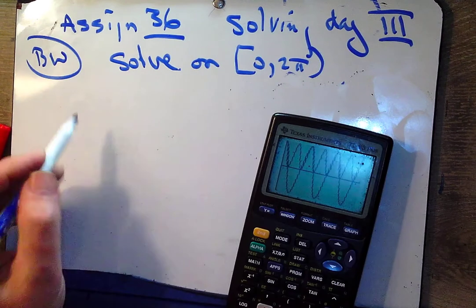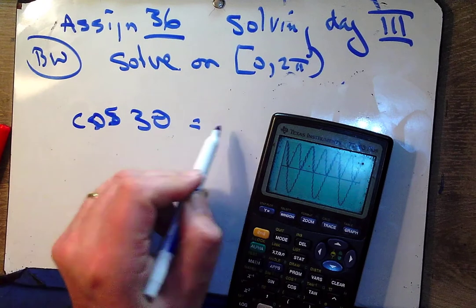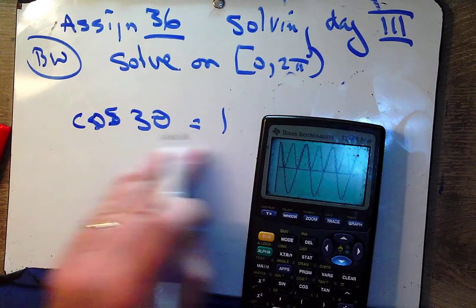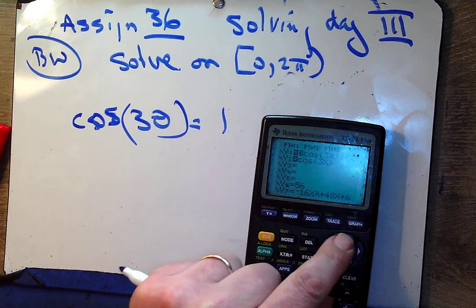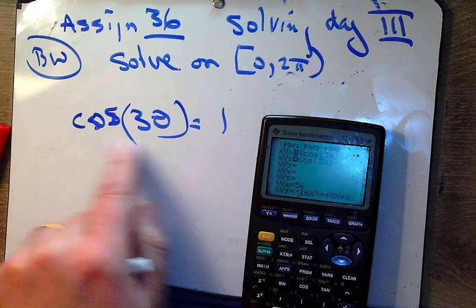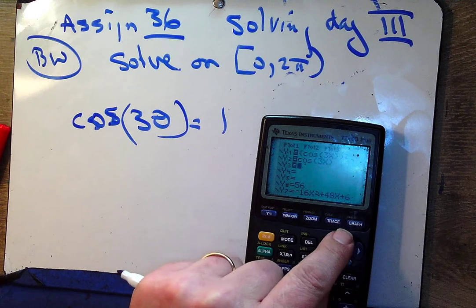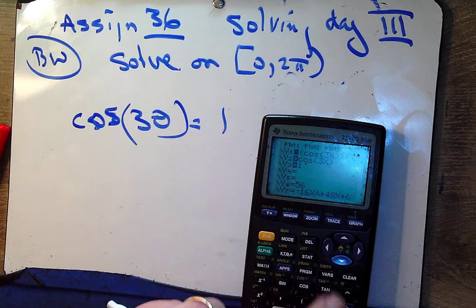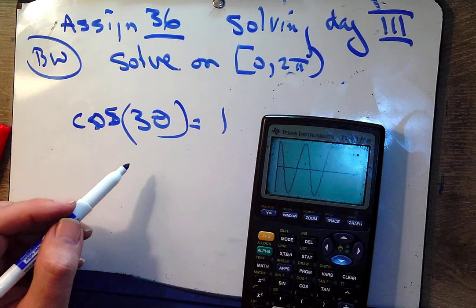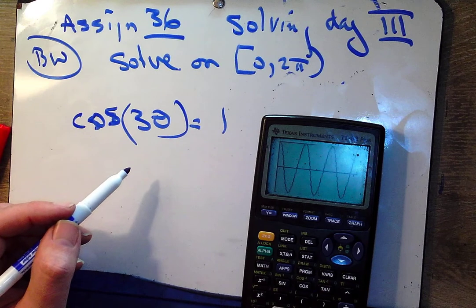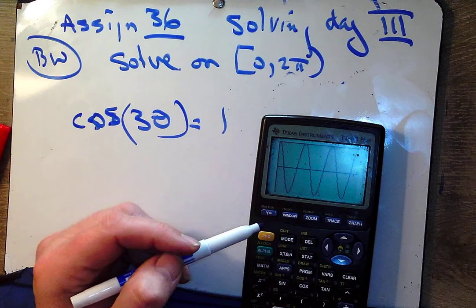If I turn this into cosine 3 theta equals 1, that's the guy who divided by cosine at the beginning. I don't want this one to show up. I get 1, 2, 3, 4 solutions this way.